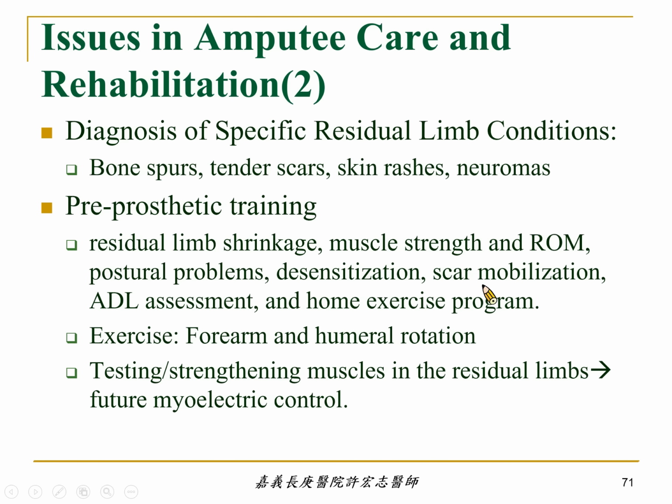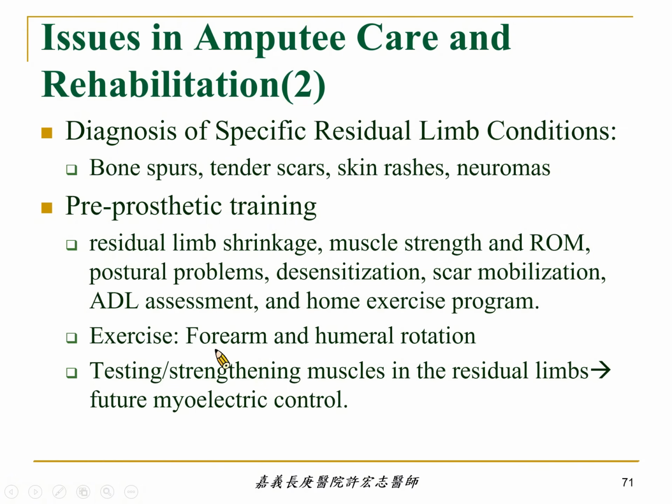As for the scar, it will be an obstacle to fitting the prosthesis, so we can manage the scar by mobilization or using some scar-removing agent or modality to make them feel better while fitting the prosthesis. ADL assessment and home program exercise are also important.